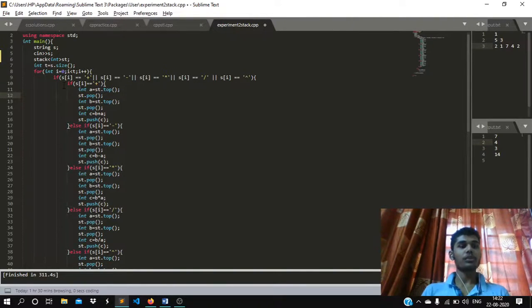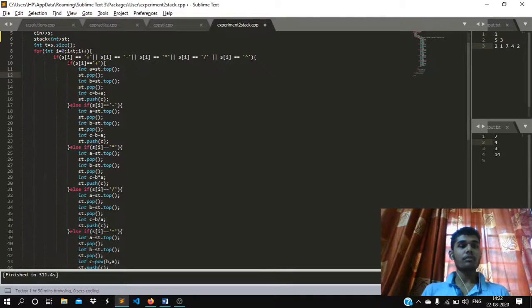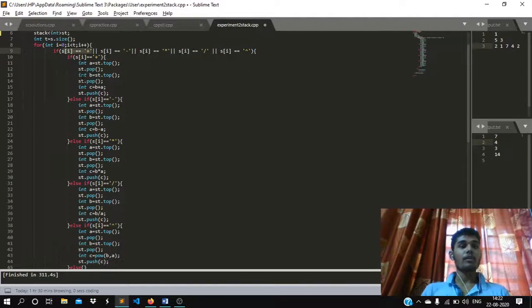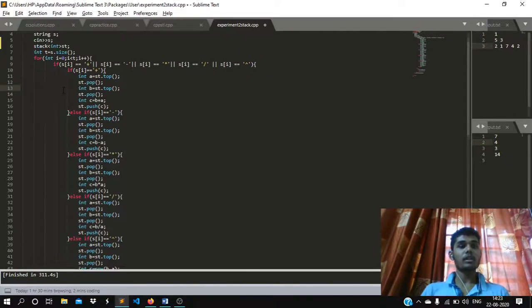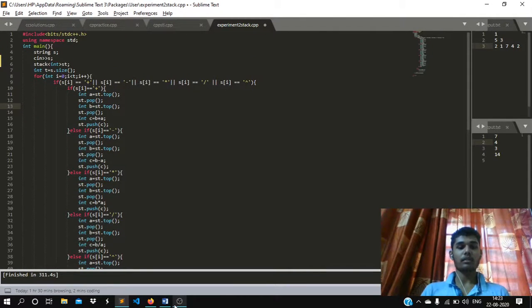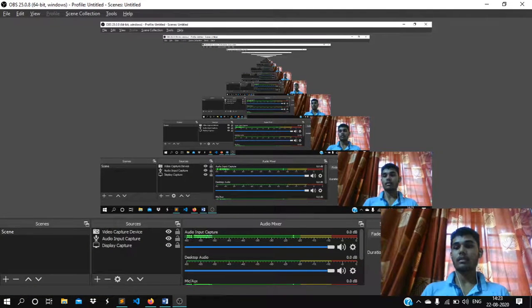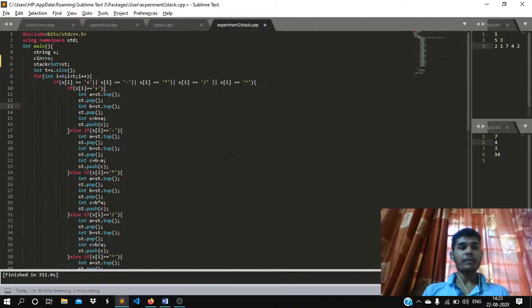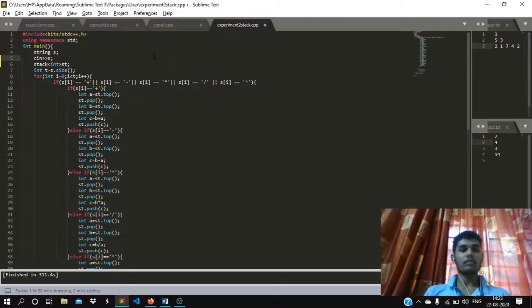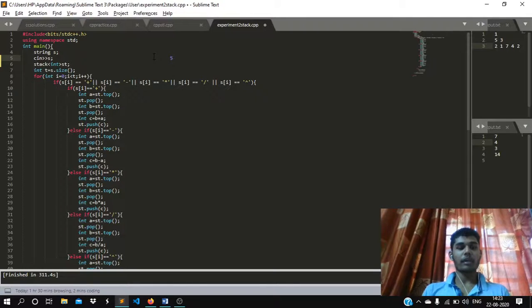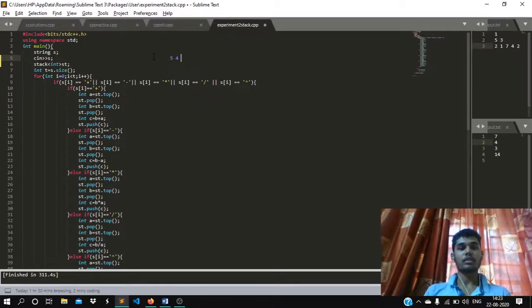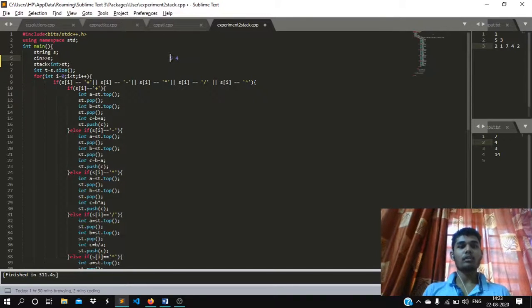then we will traverse through this whole string, and whenever we encounter a plus, what we are going to do is first assume that the first element is 5, the next element we push is 4. So here we have pushed 5 and 4.